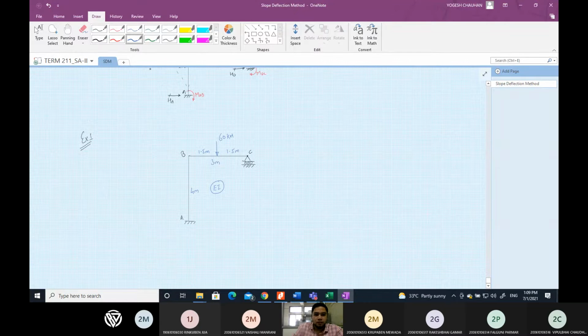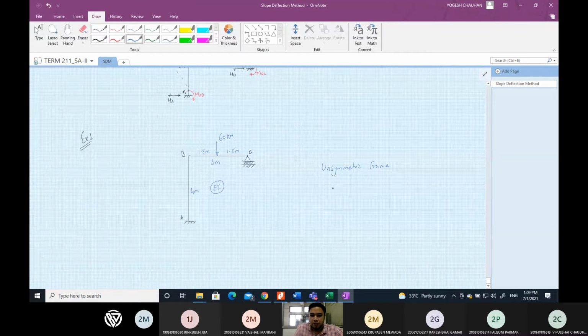So the first step is to identify whether this frame is a sway frame or a non-sway frame. Looking at the problem, this is an unsymmetric frame, in terms of its geometric shape, in terms of loading, in terms of support condition.